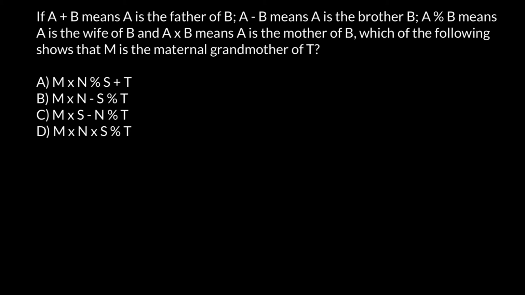In order to solve this type of problems, where we have certain code for certain blood relationship, we use conversion of this code into word statements. For example, m times n. We have here a times b means a is the mother of b.